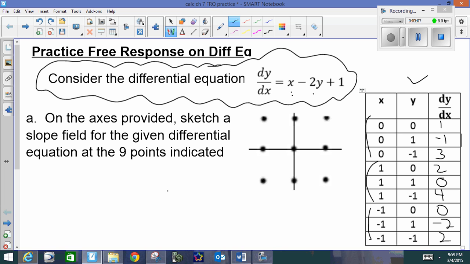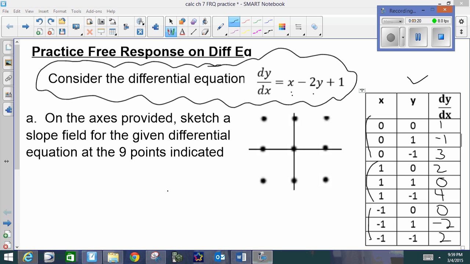Now remember, here's what they're going to be looking at. They're not going to look at your charts. They're just going to look at relative steepness at each point. So the point 0, 0, we'll start with that. That's 1.